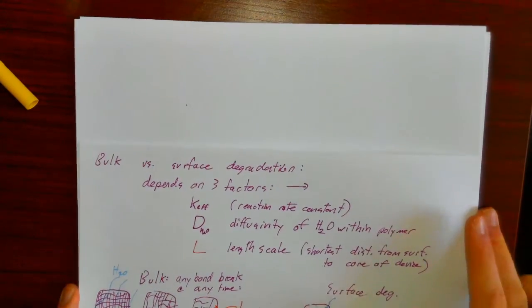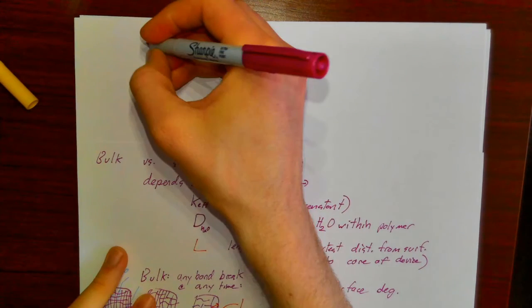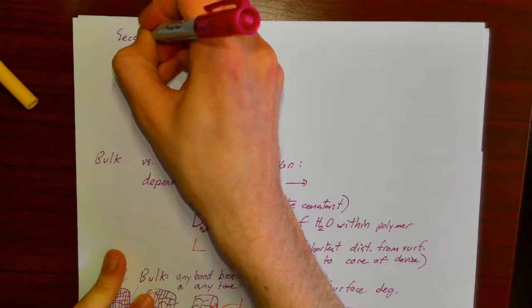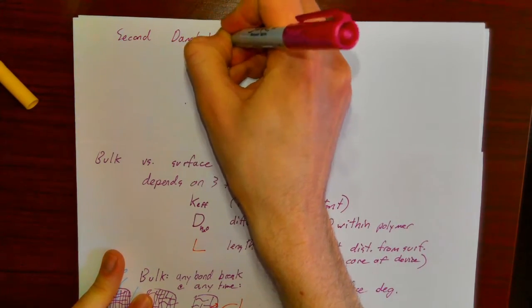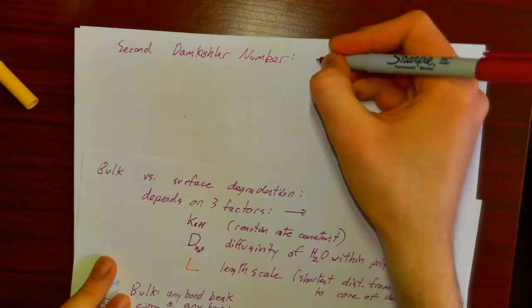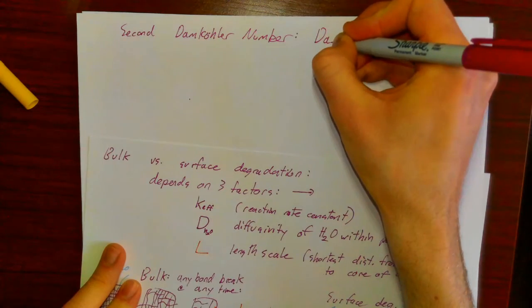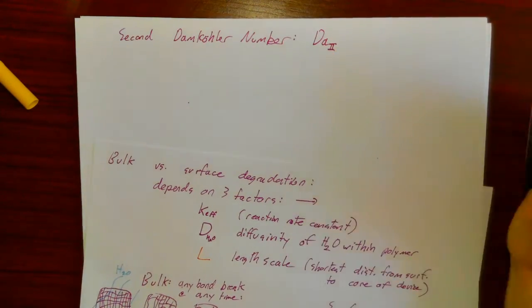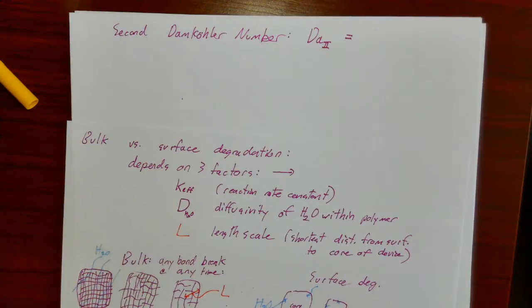So the second Damköhler number is a combination of these things right here. We give it a special abbreviation. We call it Da with the subscript Roman numeral 2. And it's equal to the following.